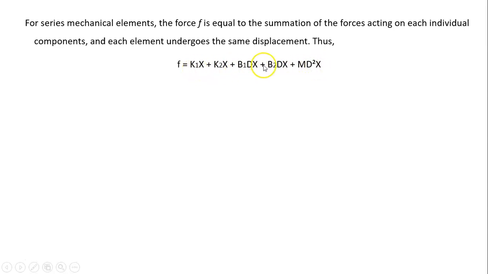Now taking x common, where x is the displacement, therefore F is equal to k1 plus k2 plus b1D plus b2D plus m D squared, into x, which is equal to Zx.